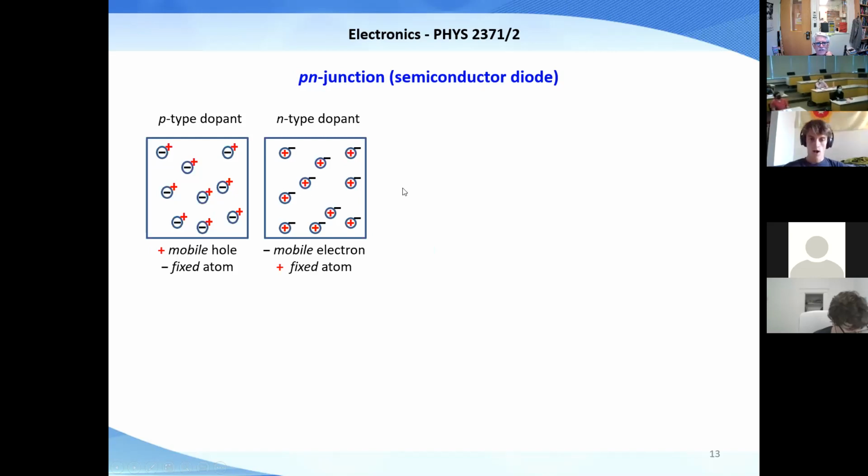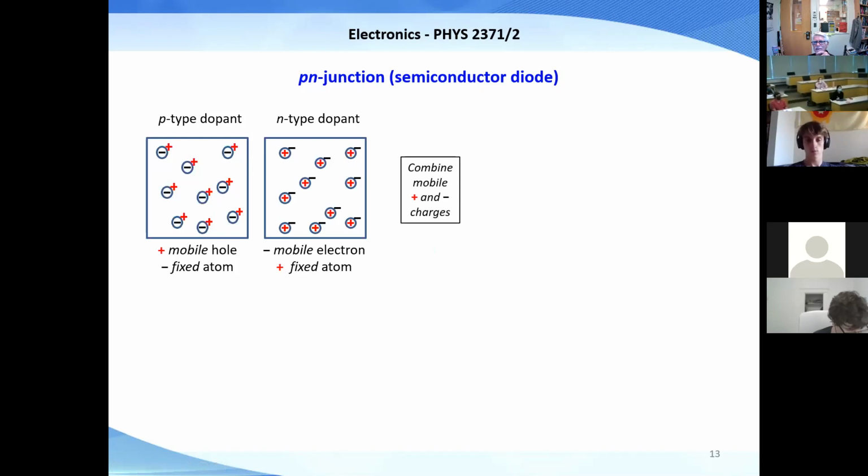We call it an interface. Okay. So think of what's going to happen. Here you have a hole, positively charged, and an electron that's mobile, negatively charged. What's going to happen when I have positive and negative charges that are mobile and they're close together? They're going to attract, right?